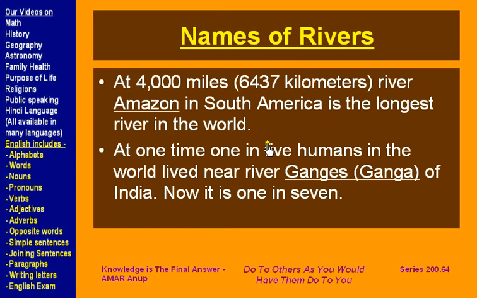Another example, at one time 1 in 5 humans in the world lived near river Ganges or Ganga of India. Now it is 1 in 7. So Ganges or Ganga is the name of a river, so G in Ganges or G in Ganga is capitalized.